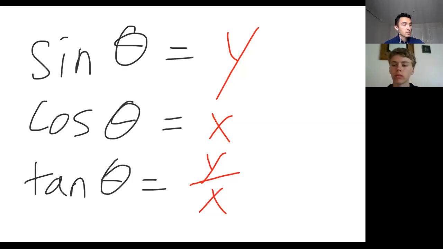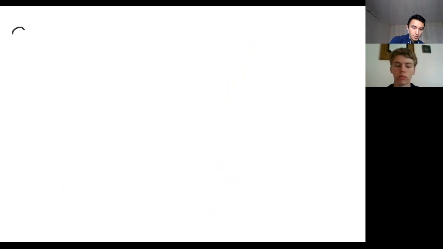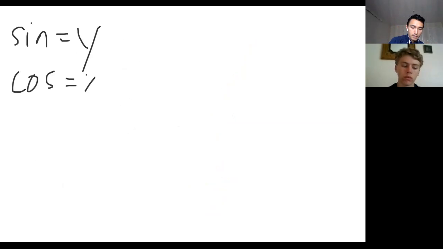So if you look at the unit circle, it gives you all of these degrees and radians, and then it gives you the points. So if we use this knowledge, let me write it smaller. Sine equals y, cosine equals x, tangent equals y over x.